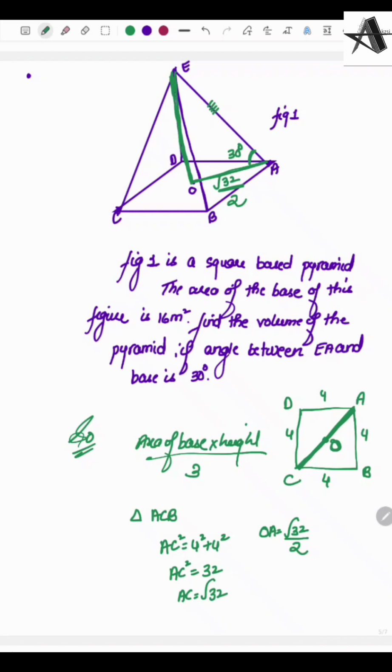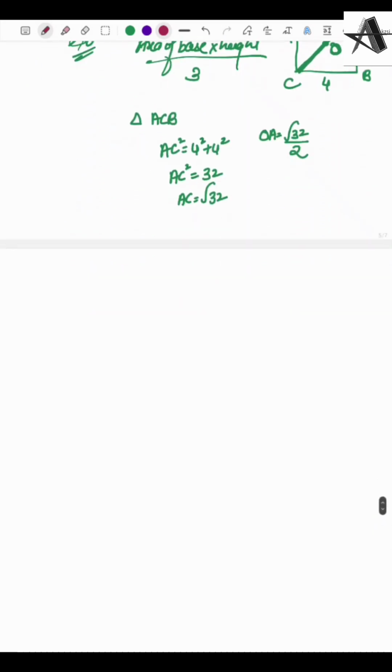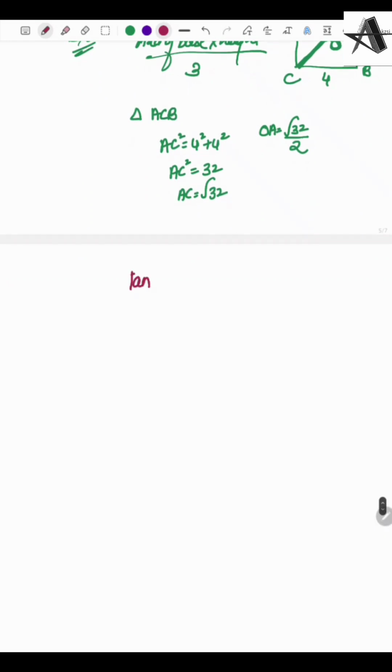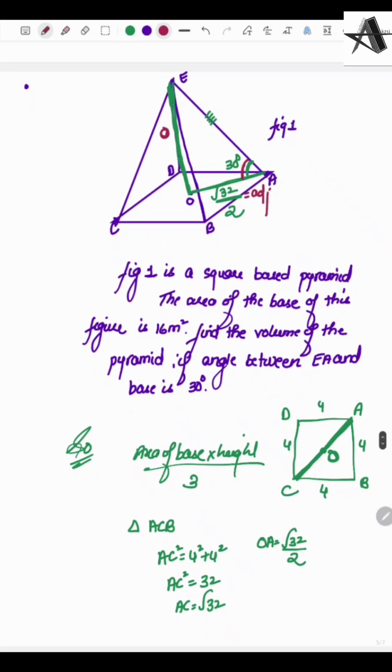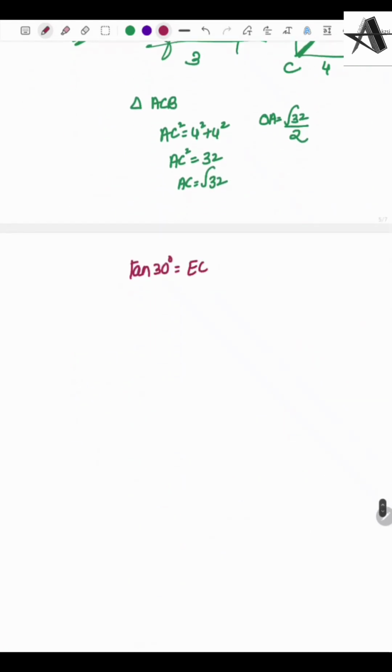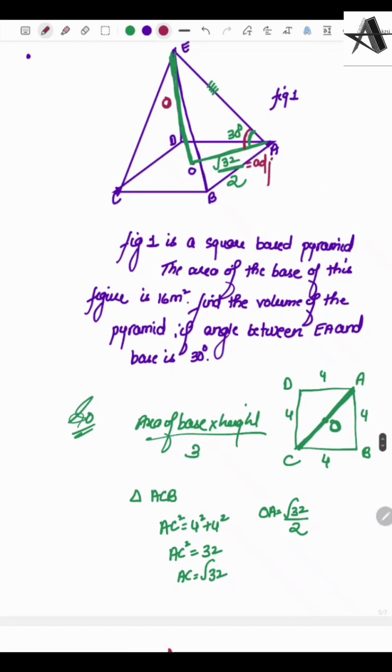If this is my angle, obviously the side opposite to it is opposite and the side adjacent to it is adjacent. That's all I need to calculate the height, because EO is the height, the opposite side. So applying the tan formula, tan 30 degrees is equal to opposite, which is EO, over adjacent, which is OA.